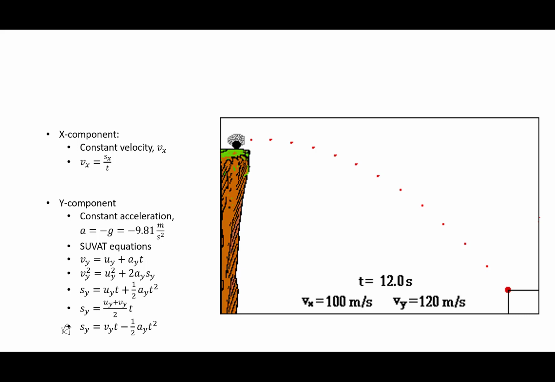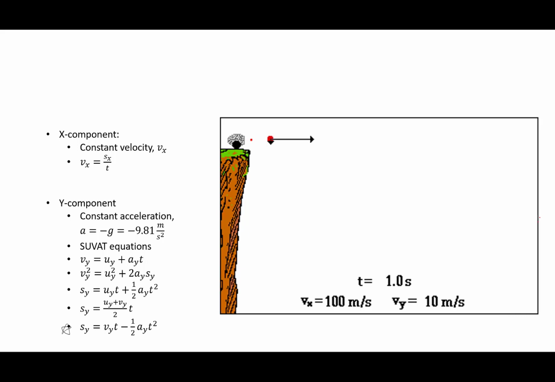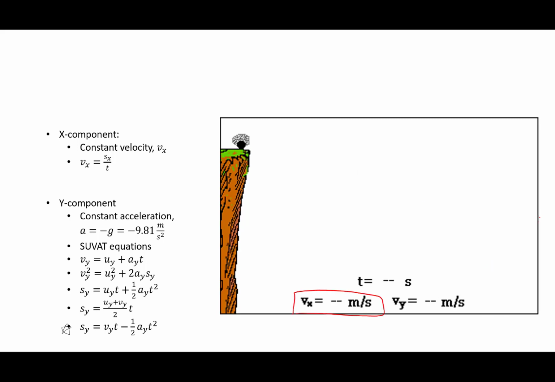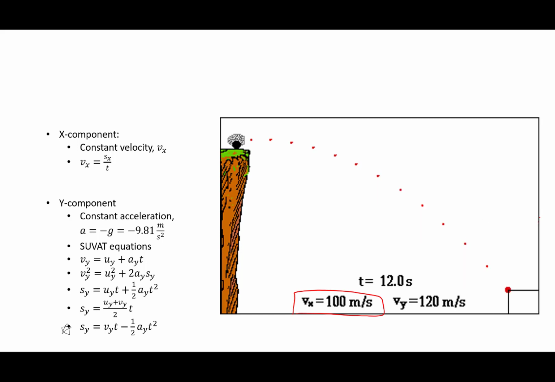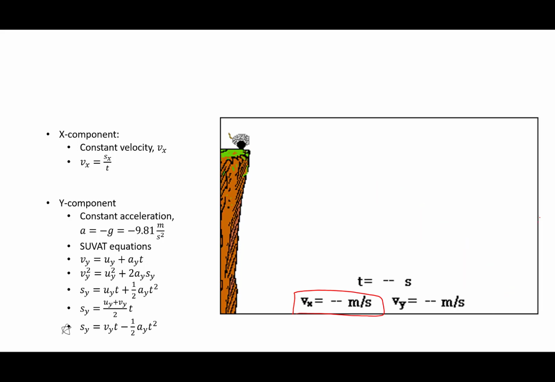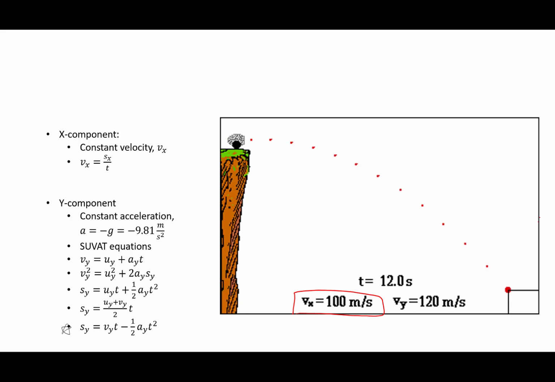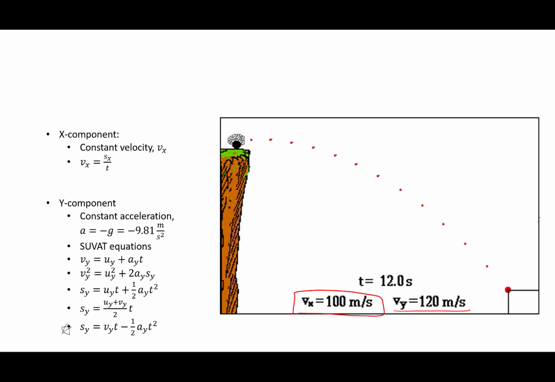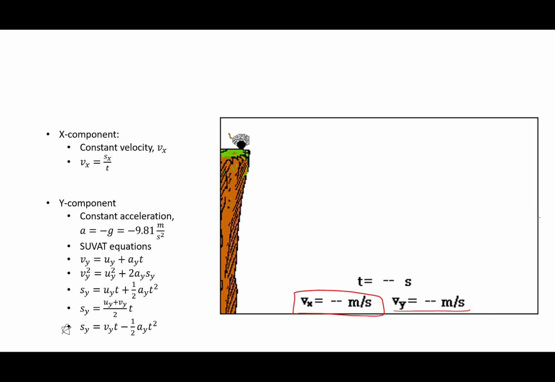These are also called the components of the velocity. Notice the horizontal component stays constant. Our horizontal velocity, or x velocity, is always 100 meters per second because there's no acceleration in that direction. In the vertical direction, that vector arrow gets bigger and bigger in the downward direction over time. It's because there's that downward acceleration, and it's about 10 meters per second each second that it speeds up.